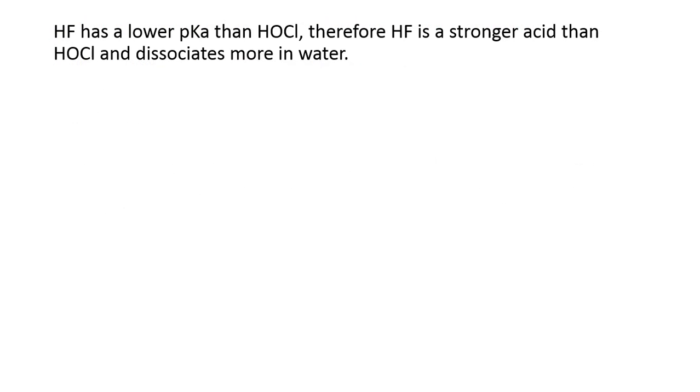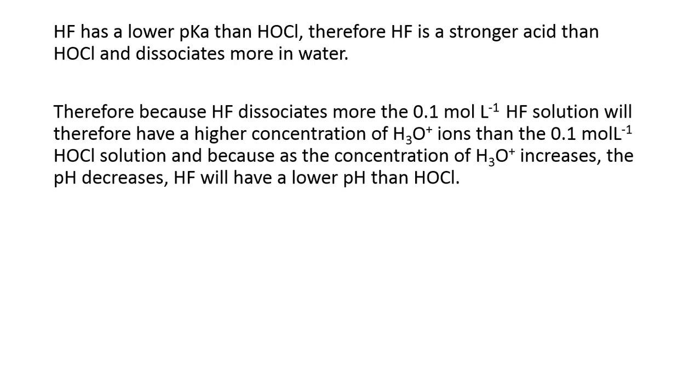Okay, so the first point to make in your written answer is what you've just figured out with the values. HF has a lower pKa than HOCl, therefore HF is a stronger acid than HOCl and dissociates more in water. Because it dissociates more, it produces more H3O+ ions.